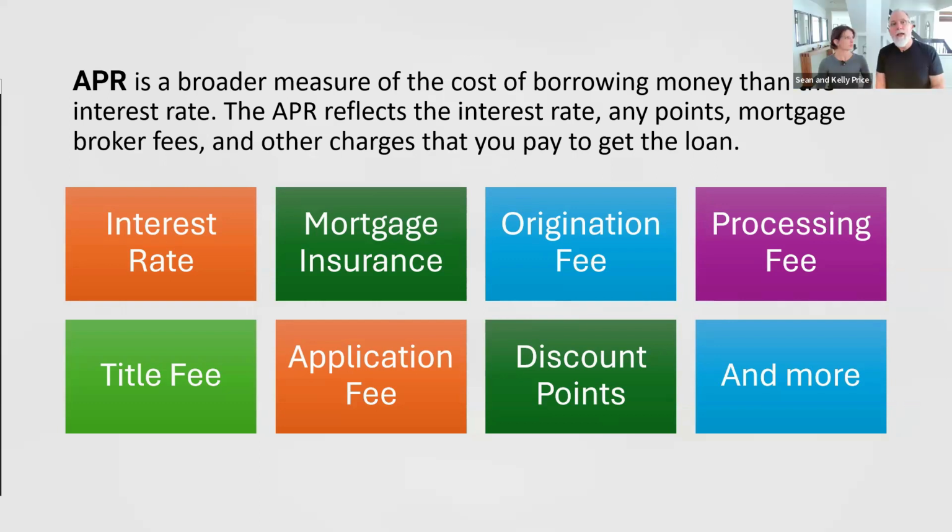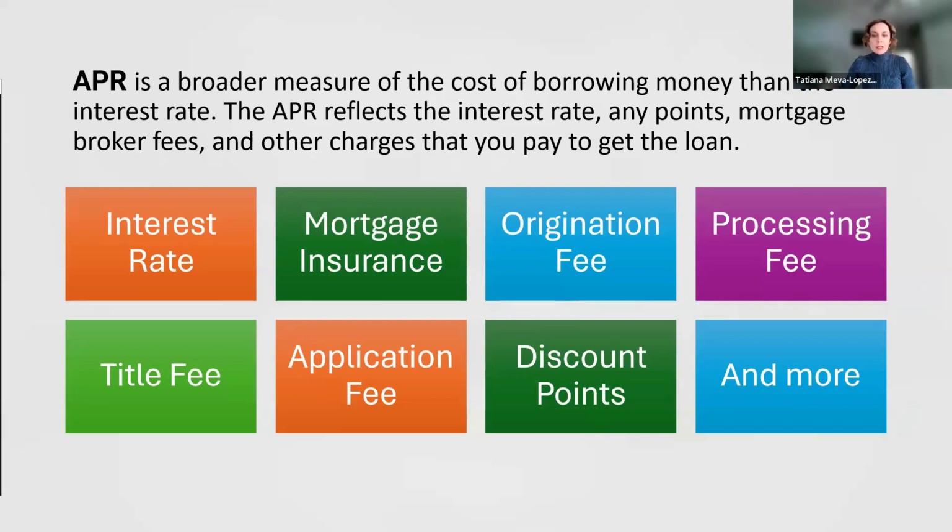But the PITI, your principal, interest, taxes, insurance, that monthly mortgage payment is not based on APR, it's based only on the interest rate. Exactly. So it's kind of like a disclosure to let people know this is what you're actually paying if you did this whole 30-year mortgage. This is what the actual mortgage costs you, because that includes all the fees.